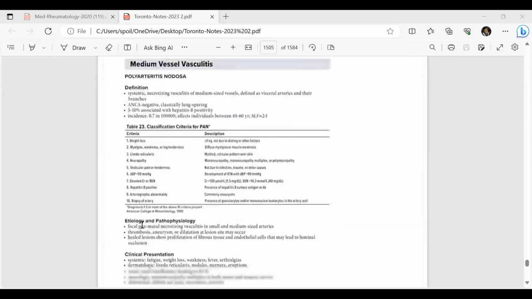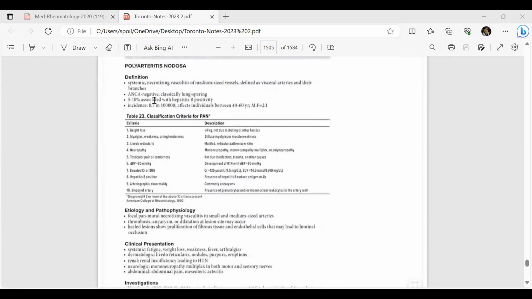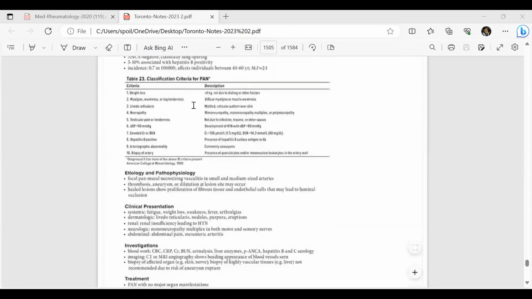Then the medium vessel vasculitis we have learned is PAN, polyarteritis nodosa, and here ANCA is negative. In 5 to 10%, hepatitis B will be positive. Features are weight loss, livedo reticularis, neuropathy, testicular tenderness, diastolic blood pressure greater than 90, elevated creatinine and urea nitrogen, hepatitis B positive, and arteriographic abnormality, which is aneurysms, and biopsy.